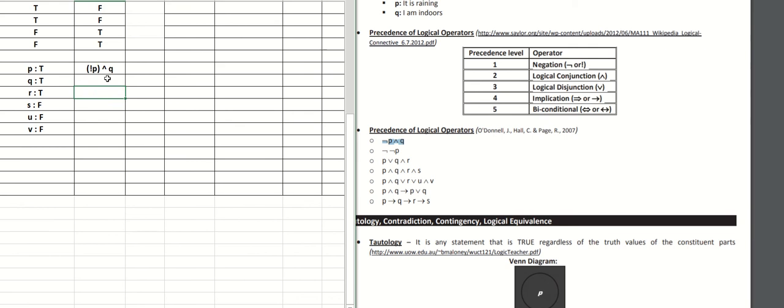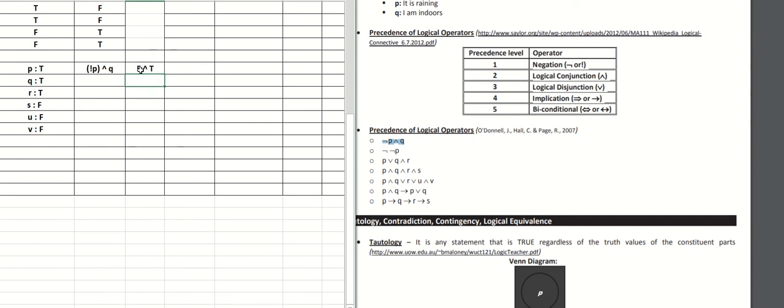Now, we have the not P. The value of P here is true. If we negate the value, it becomes false. Therefore, not P is false. And we copy the AND Q. Therefore, we put the AND operator and the value of Q, which is true. So, false and true.